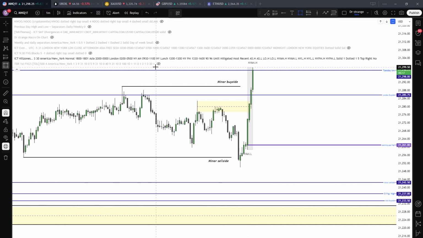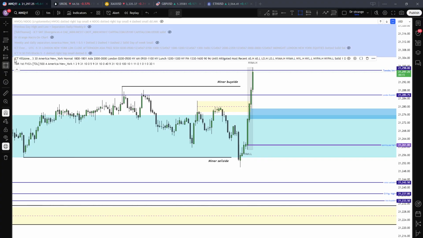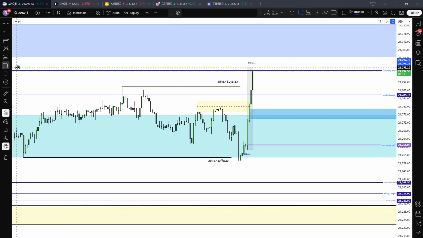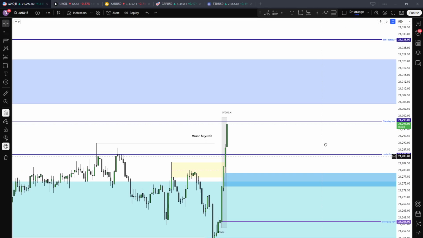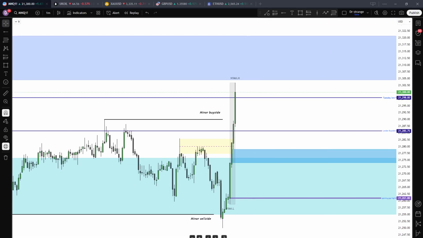Now, the first presented fair value gap. This is our first presented fair value gap.